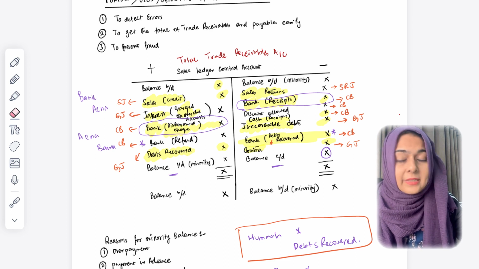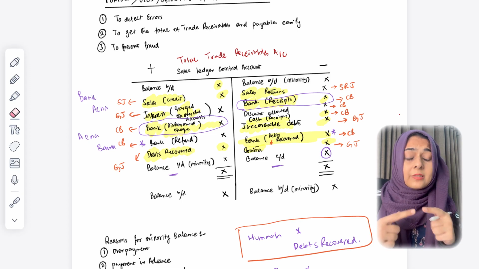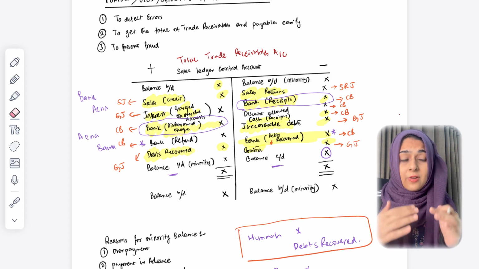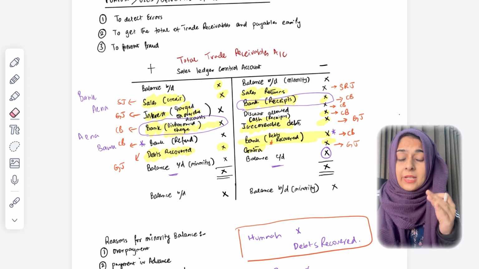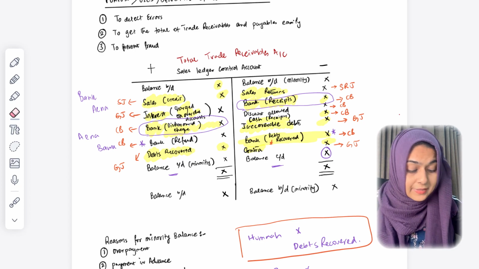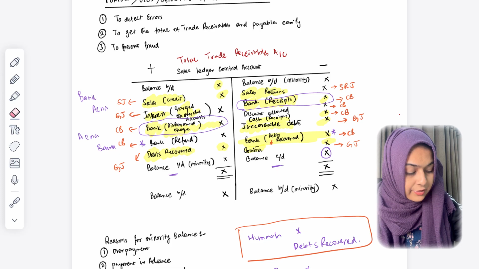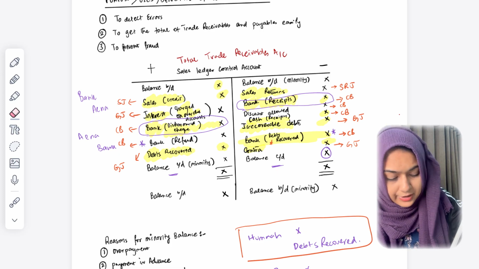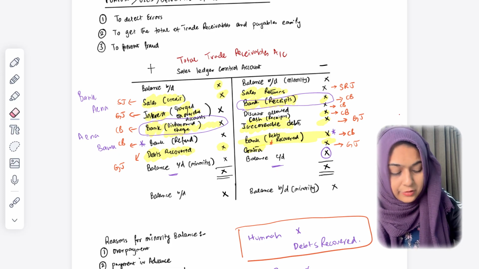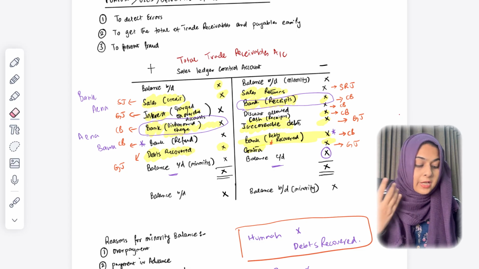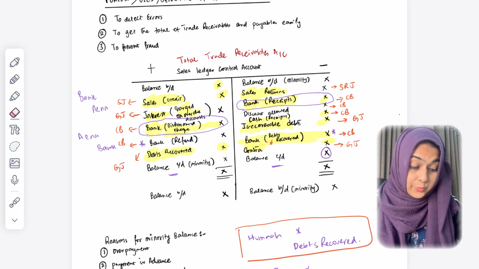Again, there's no money being exchanged when there's a contra. Contra is just like a set off between the customer's account and the supplier's account. So that is also coming from the general journal. The first double entry for your debts recovered comes from the general journal, and the amount that you're receiving from your debts recovered will come from the cash book.